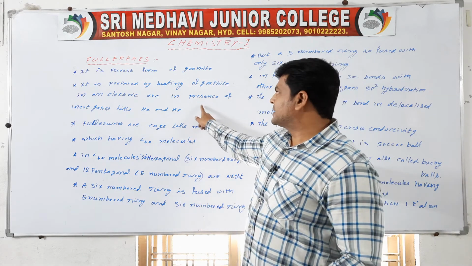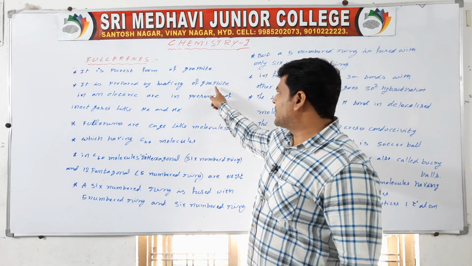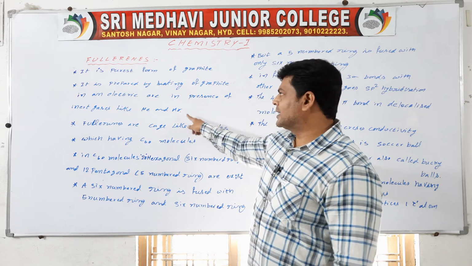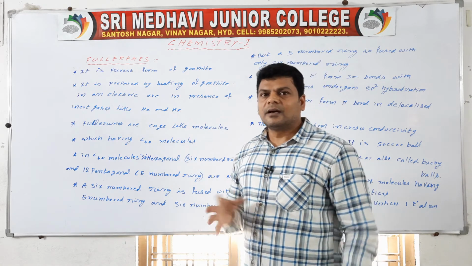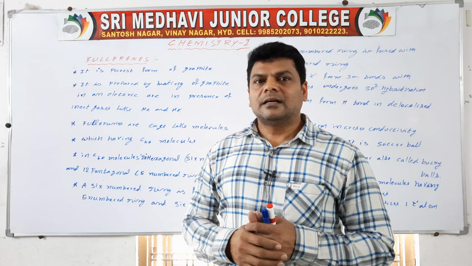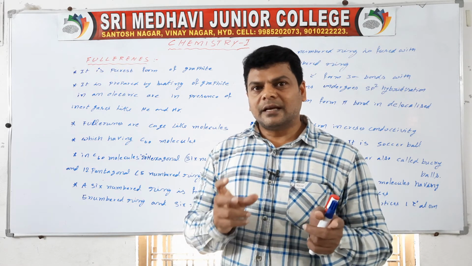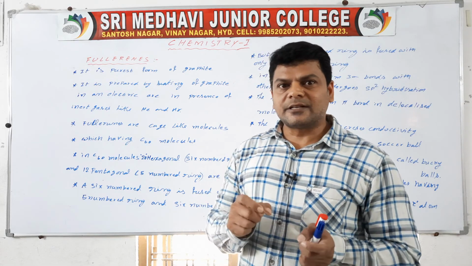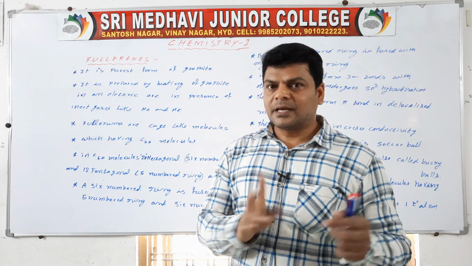How it is prepared: it is prepared by heating graphite in an electric arc in the presence of inert gases. Graphite is taken in an electric arc and heated with electricity in the presence of inert gases like argon and helium.